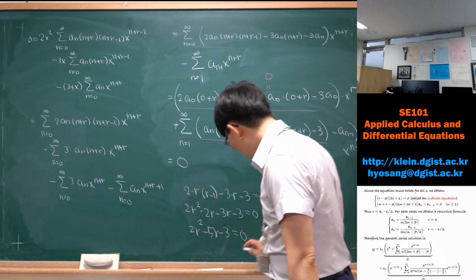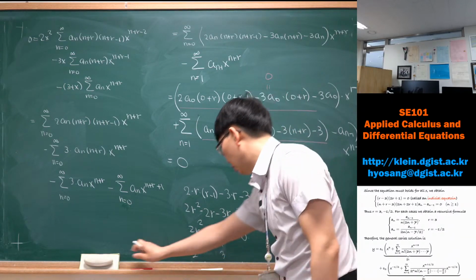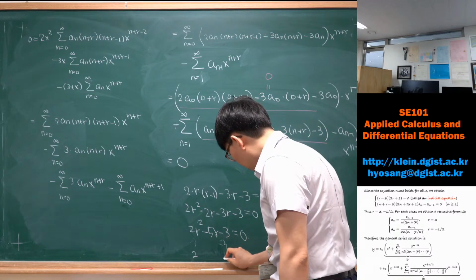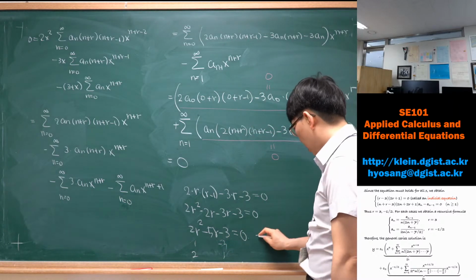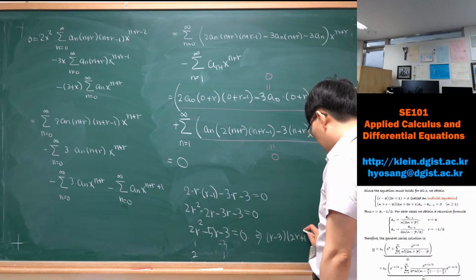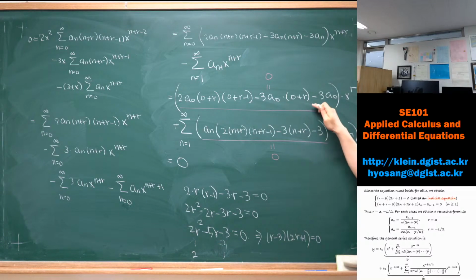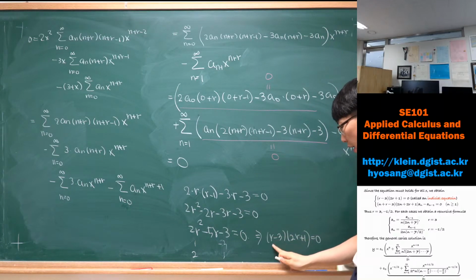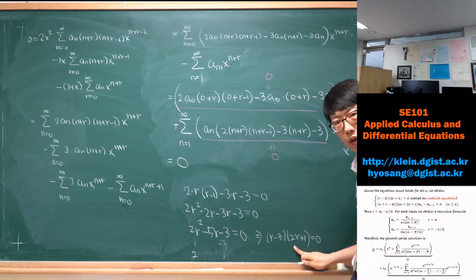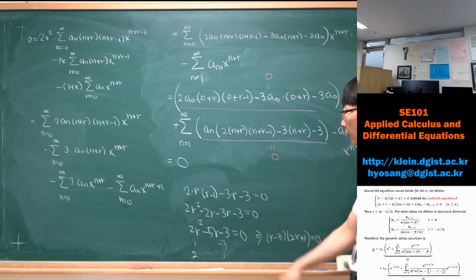Yeah. So it factors as r minus 3 times 2r plus 1 equals 0. So in order to have 0 on the first coefficient, your r must be either 3 or minus 1 over 2. Okay, we have a candidate for r.